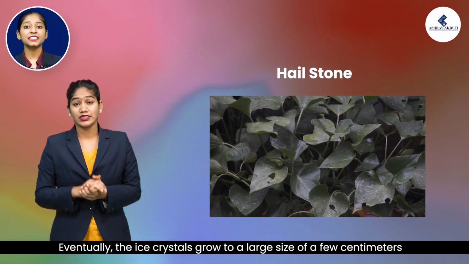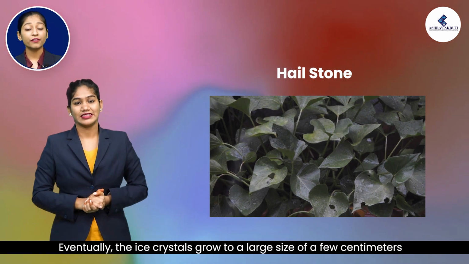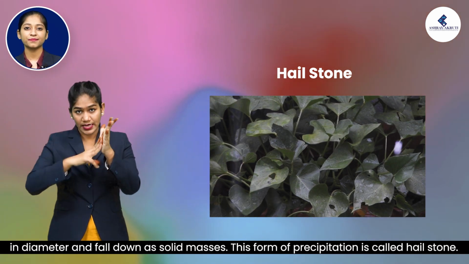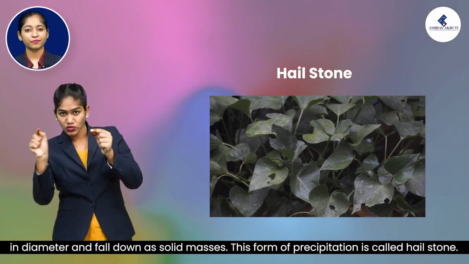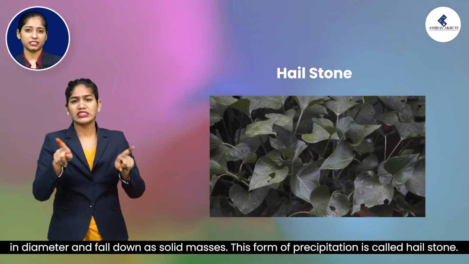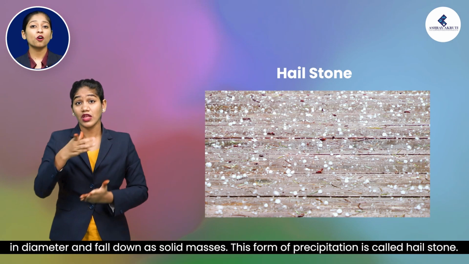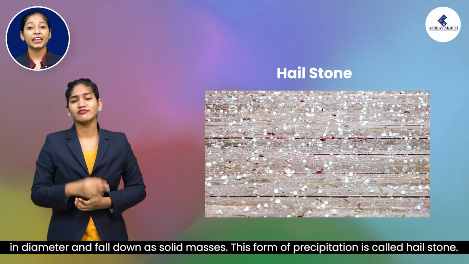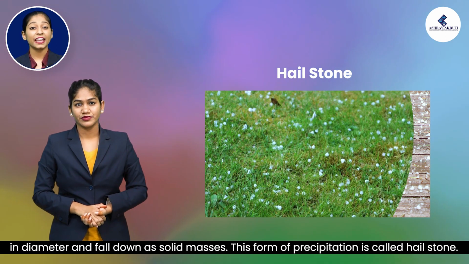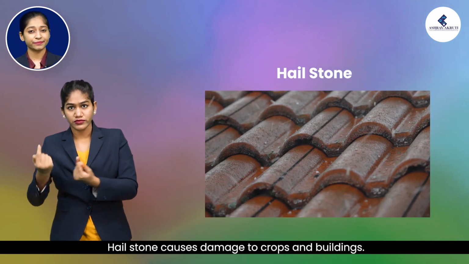Eventually, the ice crystals grow to a large size of a few centimeters in diameter and fall down as solid masses. This form of precipitation is called hailstone. Hailstone causes damage to crops and buildings.